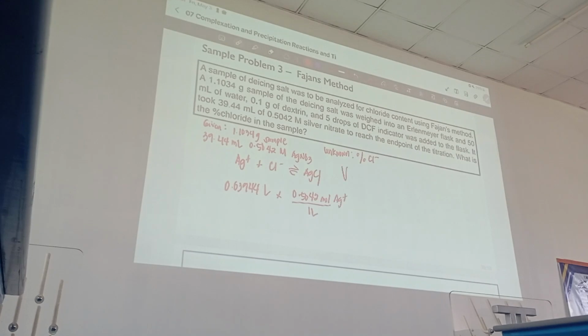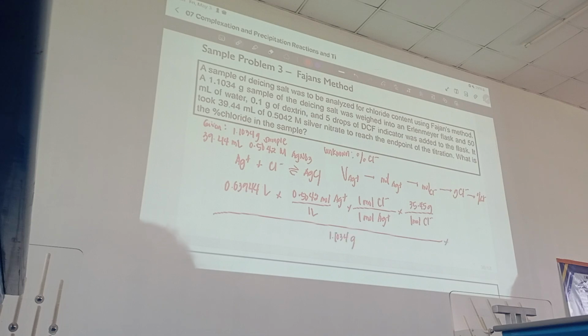Then from moles of Ag+ to moles of Cl-, to grams of Cl-, and percentage of Cl: times 1 mole of Cl per 1 mole of Ag, times 35.45 grams, the molar mass per the table, over 1.10 grams. Times 100, you have 63.89.